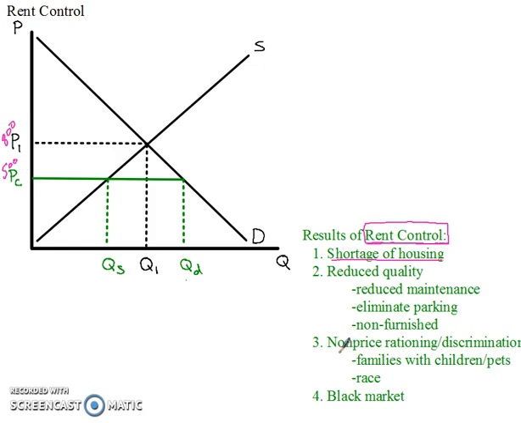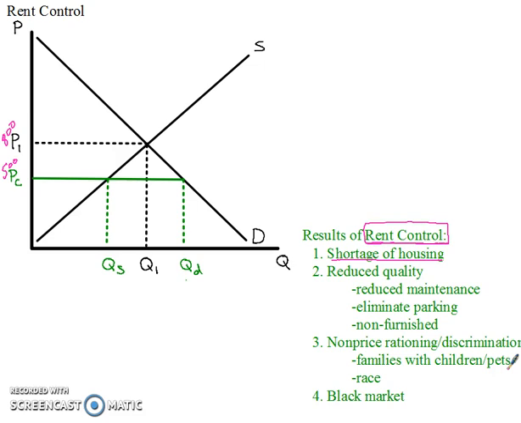Now, there may also be some non-price rationing, some discrimination. Maybe some places will try to discriminate based on race. Of course, that's illegal, so they can't do it legally, but they might try to do it if it's a bigoted person who owns it or something like this. But more normally, what we see is things like you might discriminate based on families with children and pets.